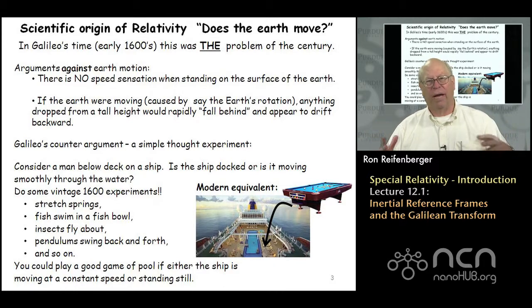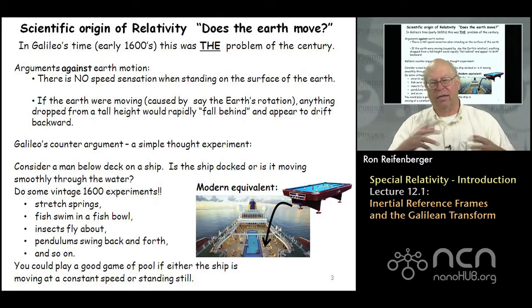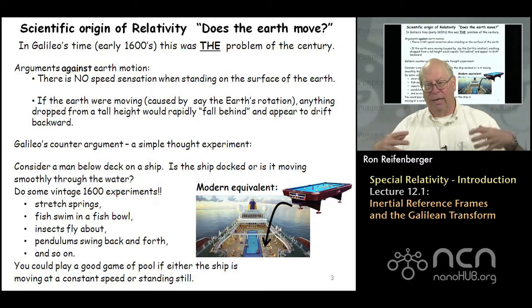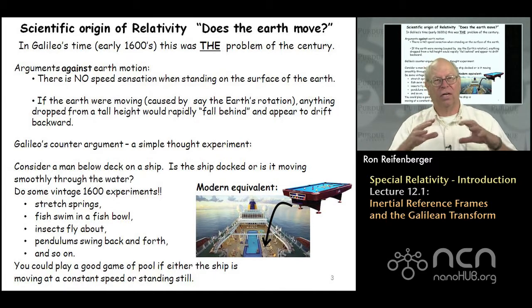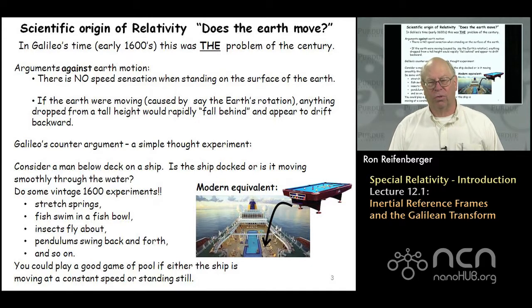Depending on what newspapers or news broadcast you listen to, you'll find some recurring themes about scientific problems that confront our world today. But in the early 1600s, the big issue was, is there any way we can prove beyond a shadow of a doubt that the Earth moves through space?